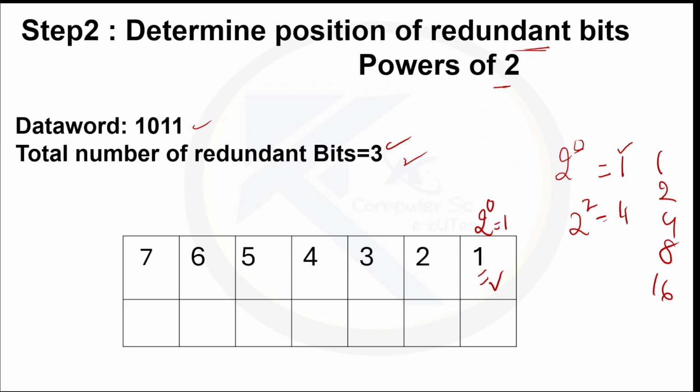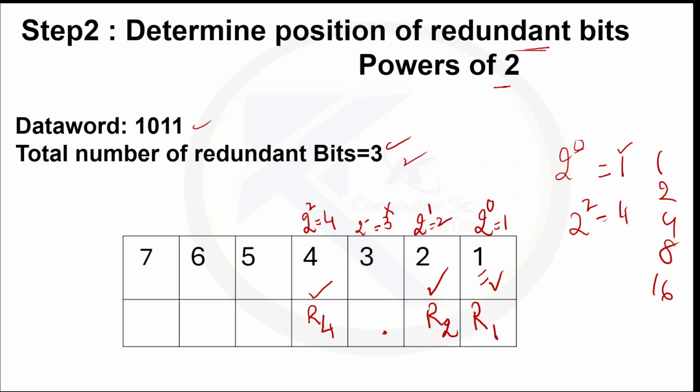So this is the power of 2. 2 to the power of 1, this will give me answer 2. So this location. Now here we don't have any such power which will give me answer 3. In case of 4, yes, 2 to the power of 2, that will give me 4. So these 3 locations, they will be occupied by redundant bits. This is R1, this is R2, and this is R4.